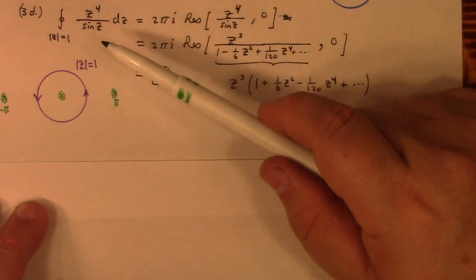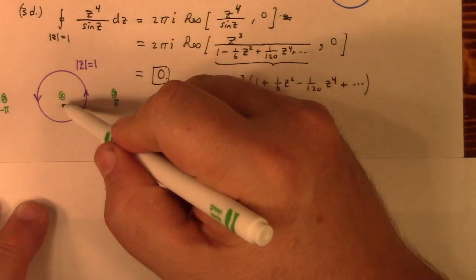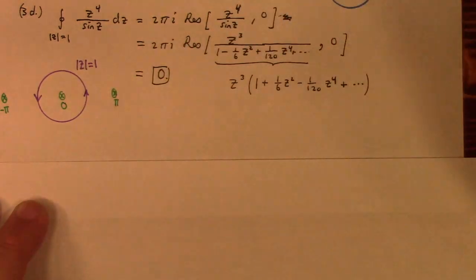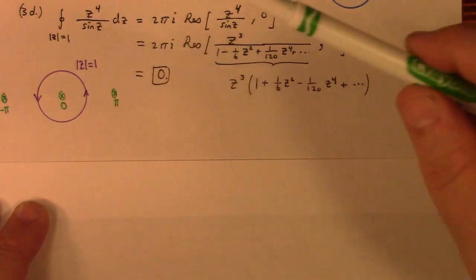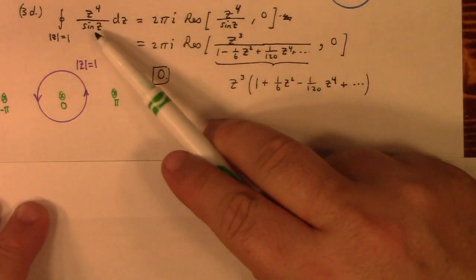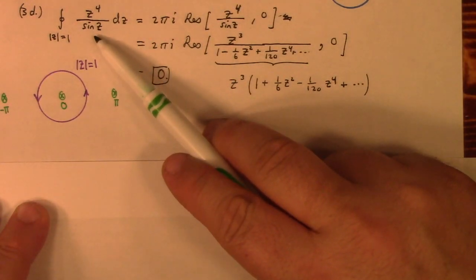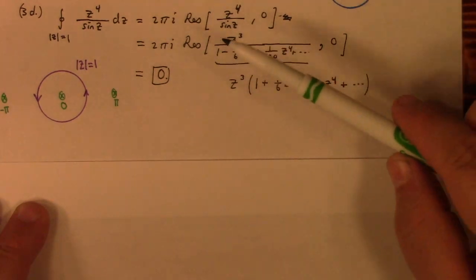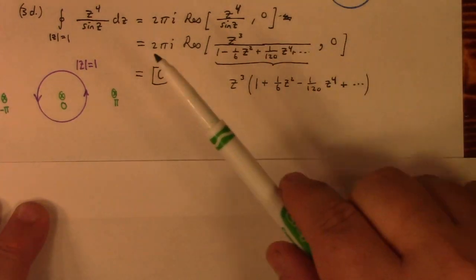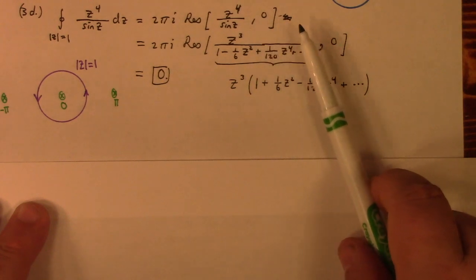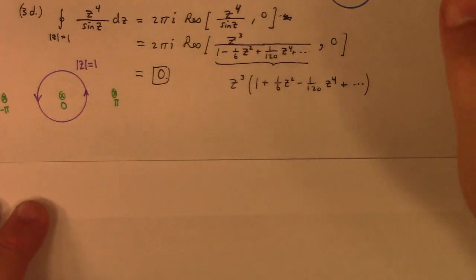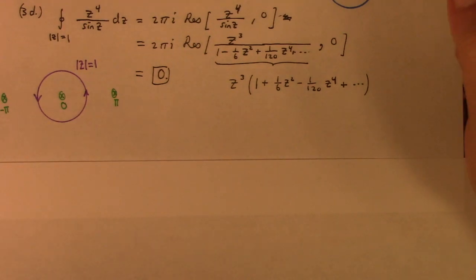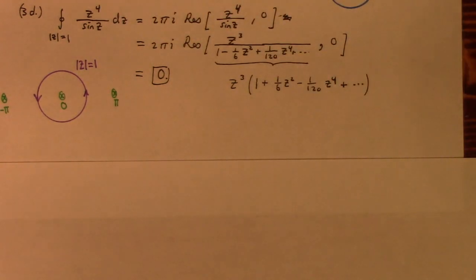Now notice that 0 is a simple 0 of the denominator, because the derivative of sine is cosine, and cosine of 0 is 1, so that proves that the 0 of sine at 0 is a simple 0. And as such, we can use one of our handy rules to calculate the residue. Oh, I have to be careful though, because z to the fourth is also 0 at 0, which makes this more complicated.